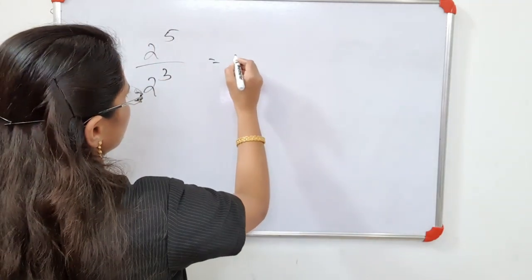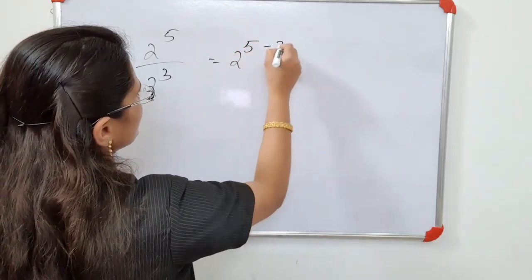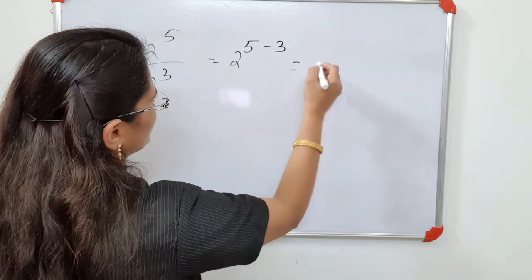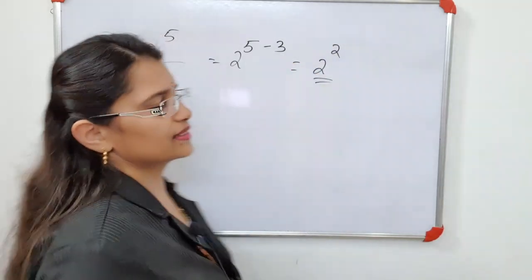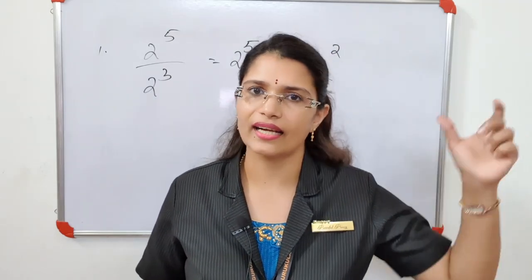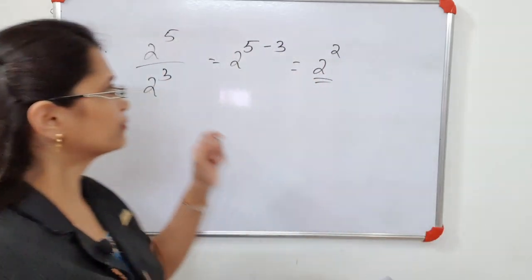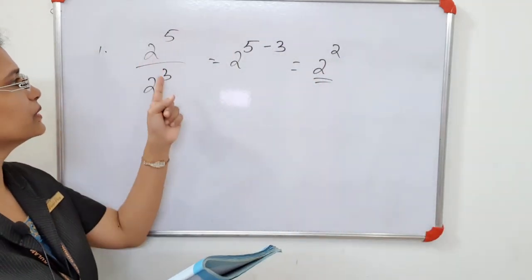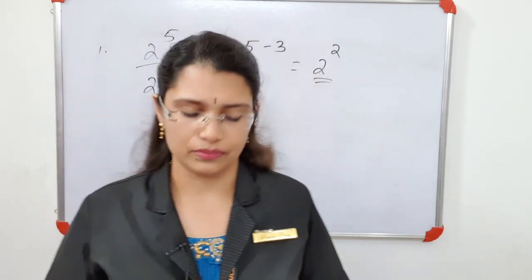So here 2 raised to 5 minus 3 is equal to what? 5 minus 3 is equal to 2. So 2 raised to 2, that is the answer. Easy, right? If it is multiplication, add the powers. If it is division, subtract the powers. But be careful here, this m should be greater than n. Then only we can do like this.